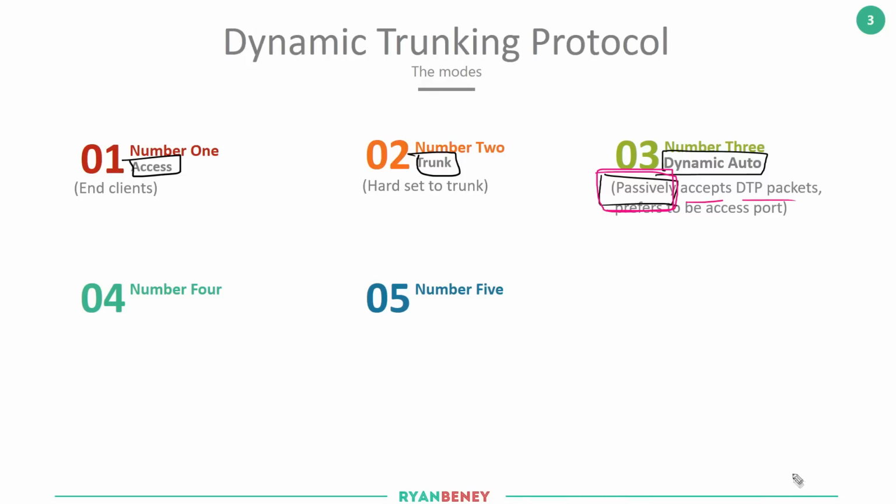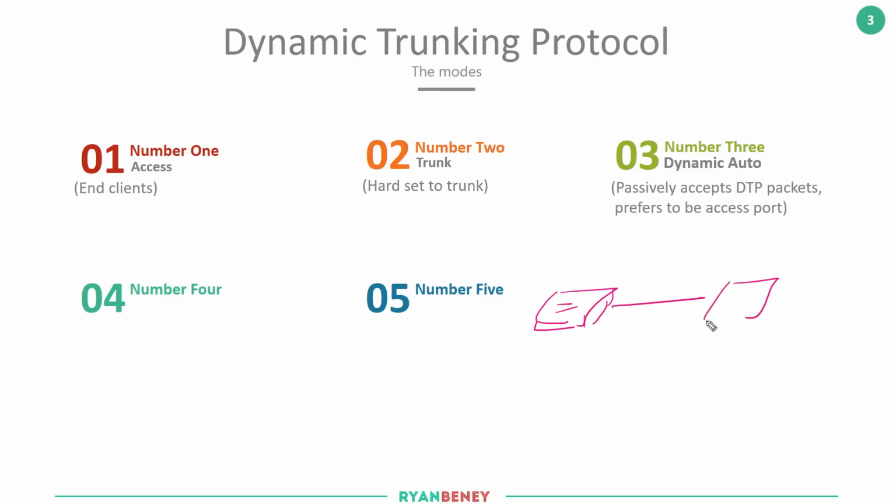What I mean by passively is if you have 2 switches connected together, both configured with dynamic auto, it will not form a trunk, because it's passively listening.